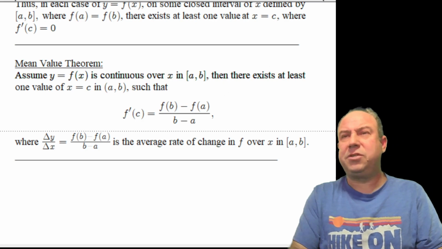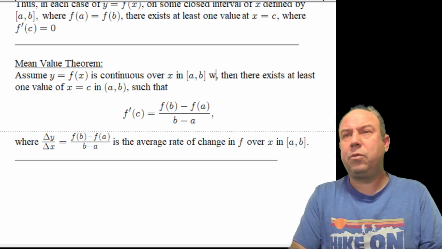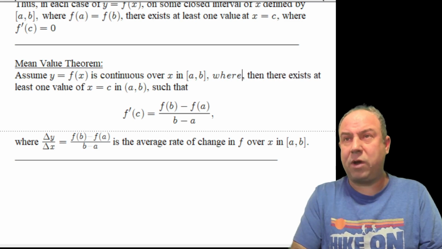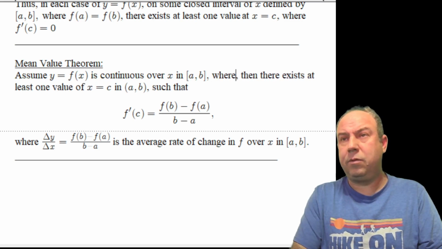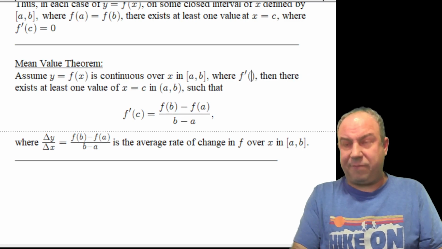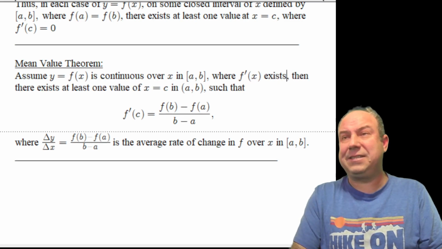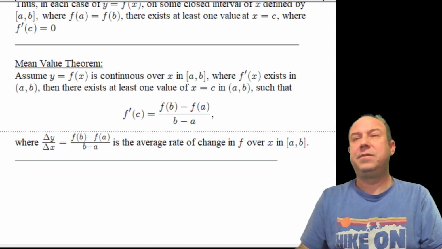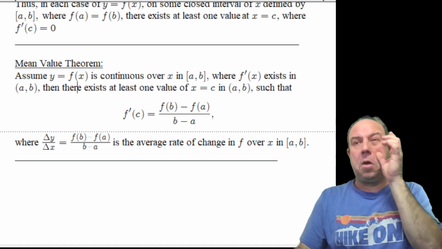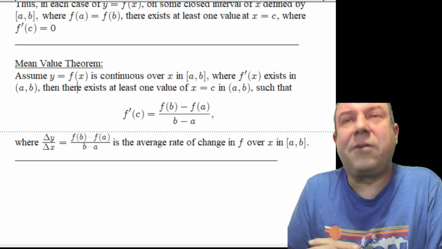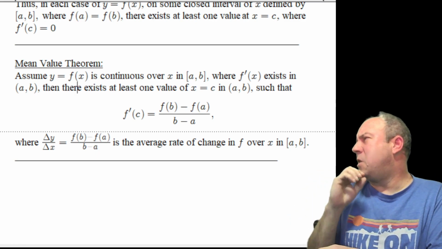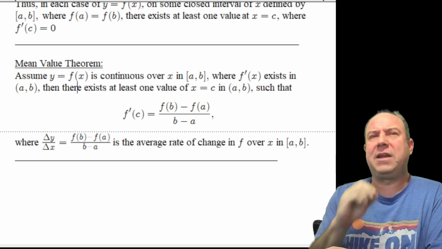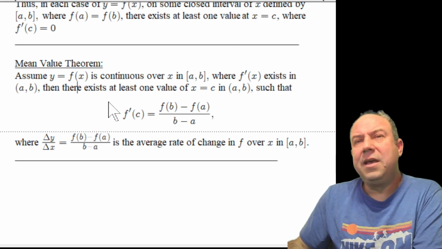And I probably should say here, add to this, where f prime of x exists in the open interval from a to b. All right. Yes. Then there exists at least one value. I also need to note differentiability in that interval as a condition.